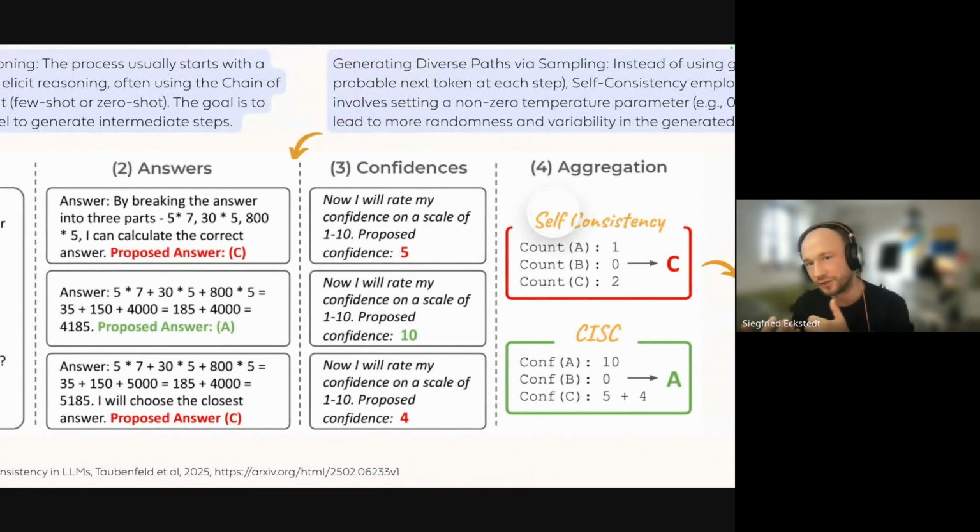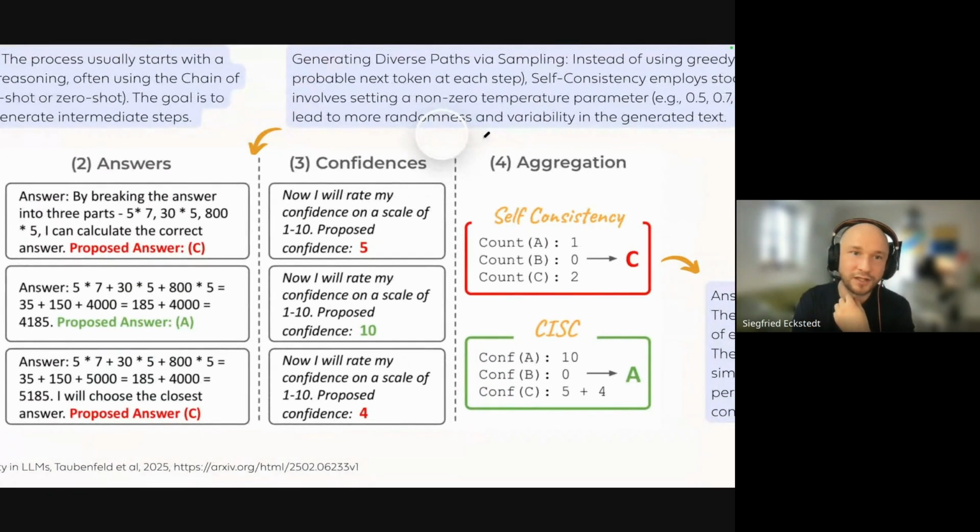And this was the first idea. The recent research paper, which is just a month old actually, suggests to do something different. It suggests to use confidence. After having the answer generated, you ask the model to rate how confident it is with the proposed answer.